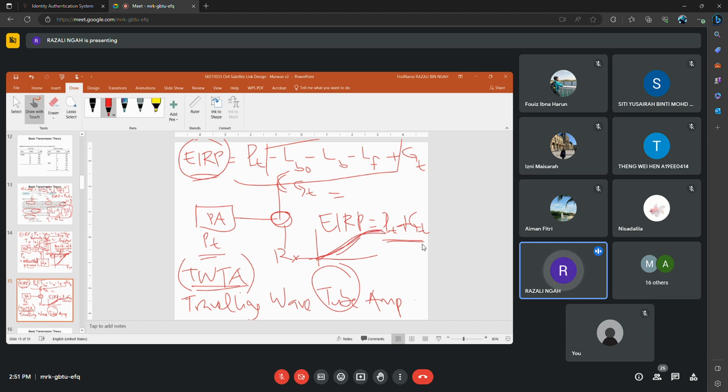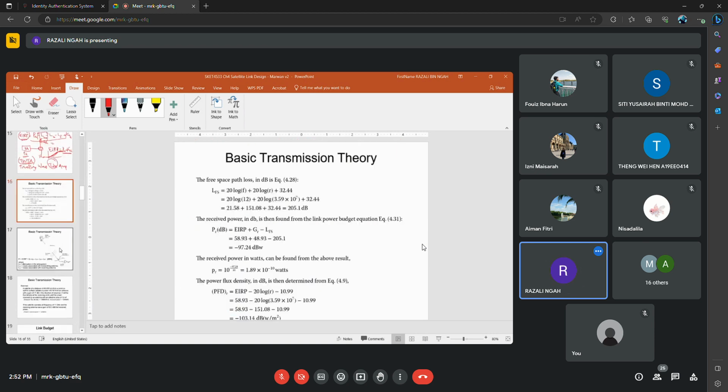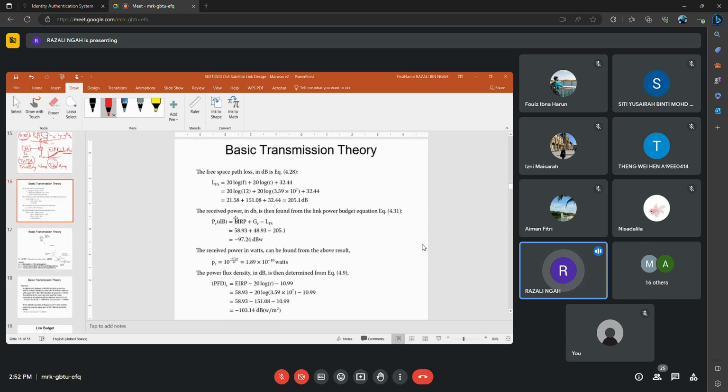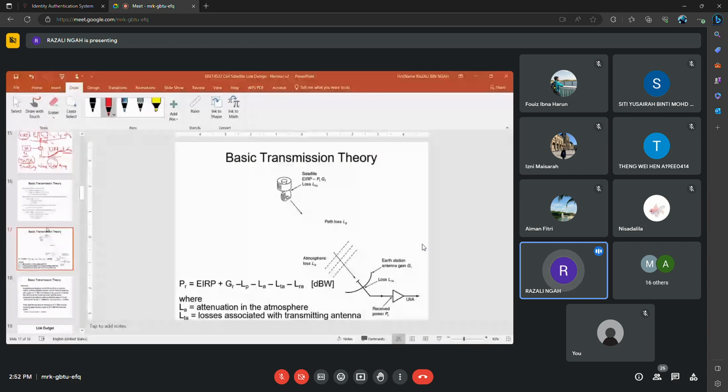That's why we have a back off loss. With back off, we reduce some amount of power so that the amplifier will operate in the linear region. So that's related to the power amplifier. All these examples you can go through.